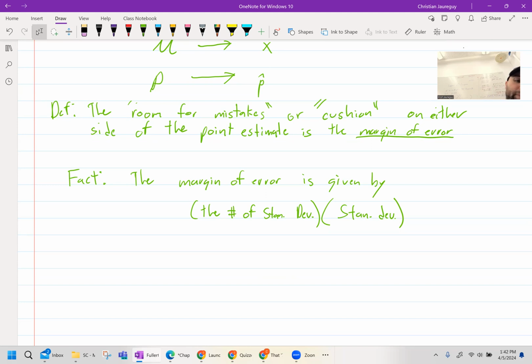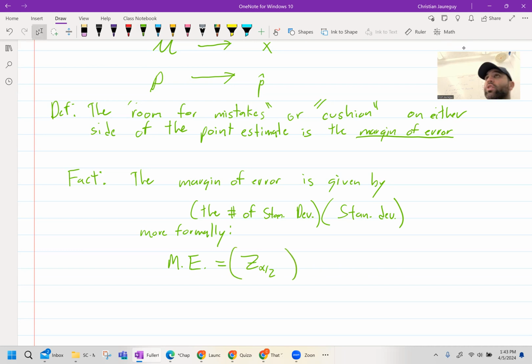So I formalize this by saying, more formally, margin of error equals Z alpha over 2.